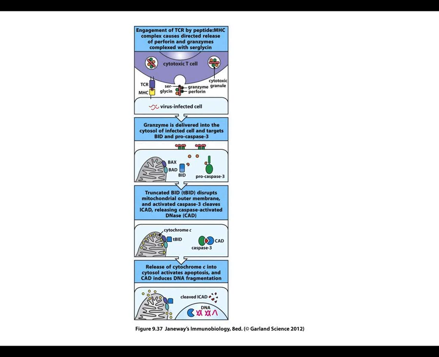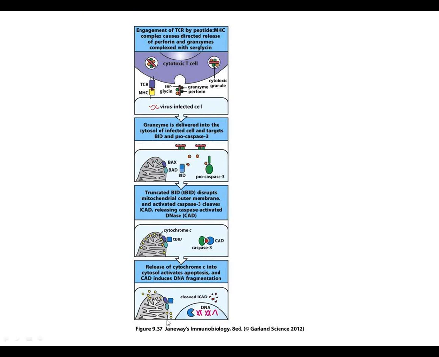Just similar to how complement is a cascade. It's a protein activates, protein activates, protein activates, protein. Same thing happens with the caspases. So caspase 3 is activated, and then this causes a chain reaction, which results in the release of cytochrome C from the mitochondria into the cytosol.